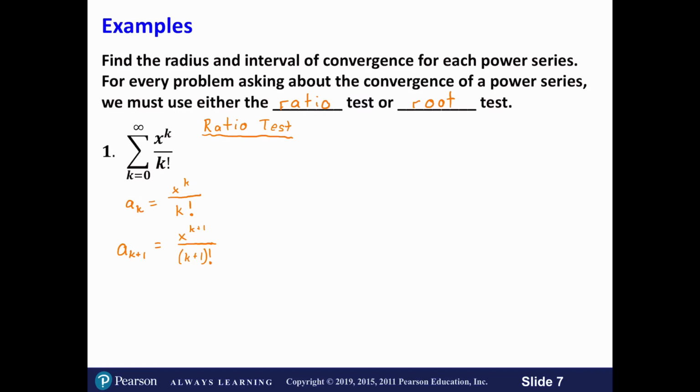Before I continue, what I want you guys to think about, to get some intuition behind what we're doing, is to ask yourself, what numbers can I plug into x that give me a finite sum? For what values of x will this thing converge? What happens if you plug in x equals 0? Will that thing converge or diverge?